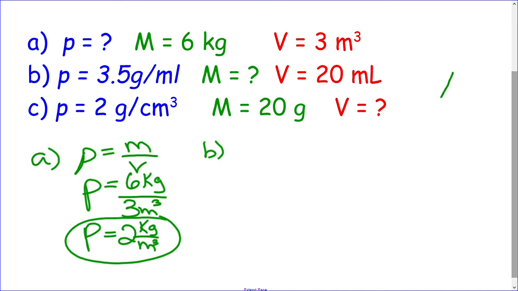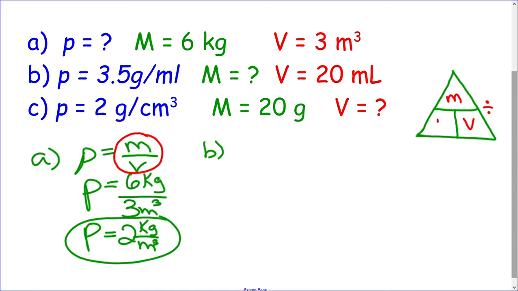I take the equation I know and draw a triangle with a line going across the center, bisecting it, and one going down the middle of the lower part. Inside the triangle I write the ratio I have, mass over volume, from my A question, using the horizontal line as a division line: mass on the top and volume on the bottom. There's only one space left, and density fills that spot.